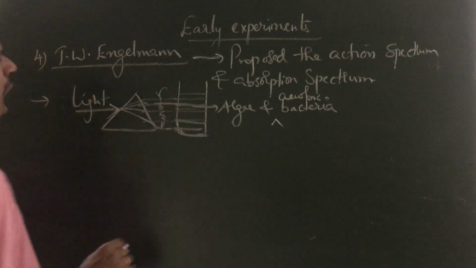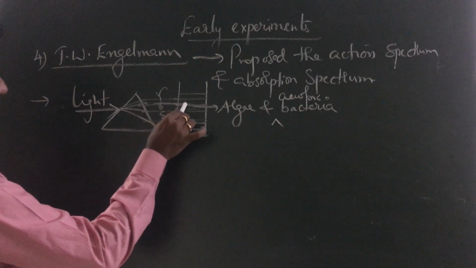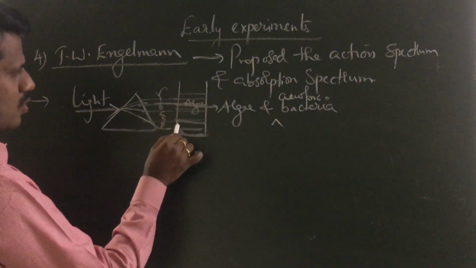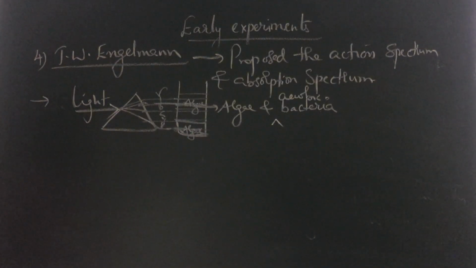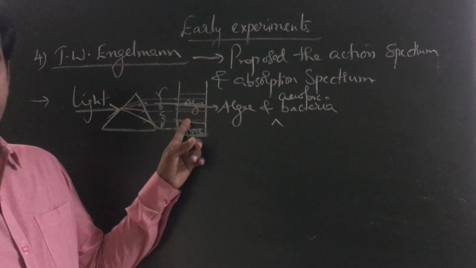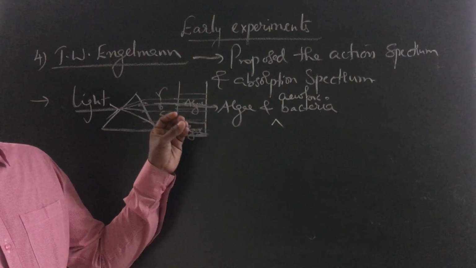So they undergo photosynthesis where the algae grows, in the region of blue and red. When the algae grows at a region of blue and red, there it undergoes photosynthesis and evolves oxygen.